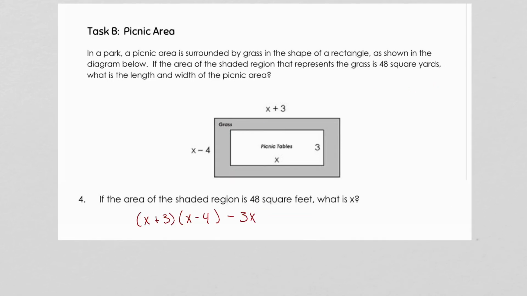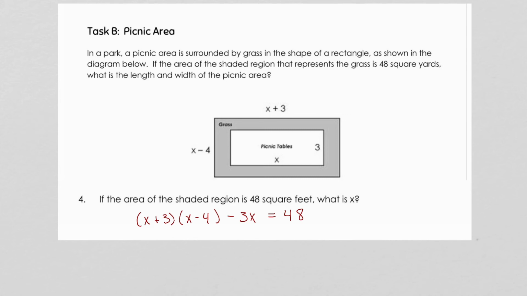So now we have an equation that represents only the shaded area, but we're told that the area of the shaded region is 48 square feet. So that means we make that equal to 48, and they want us to determine what x is.